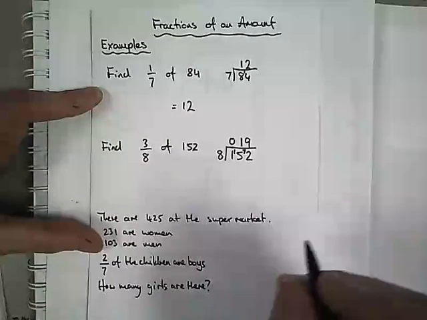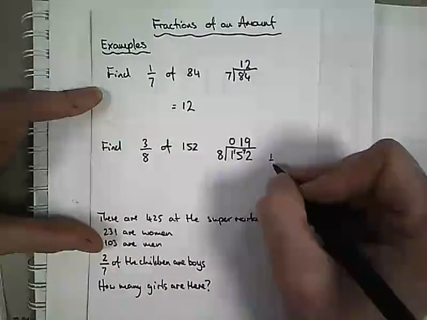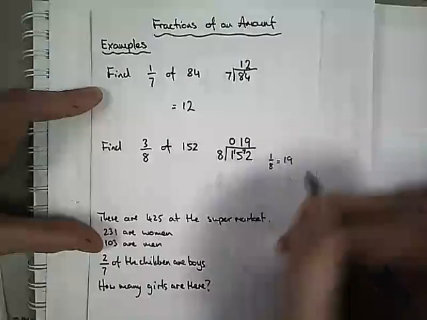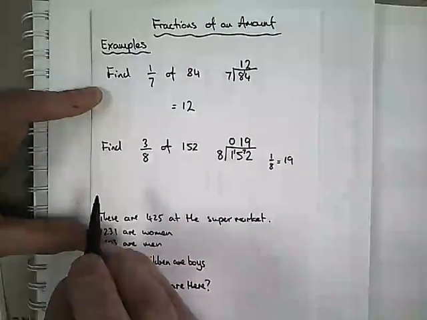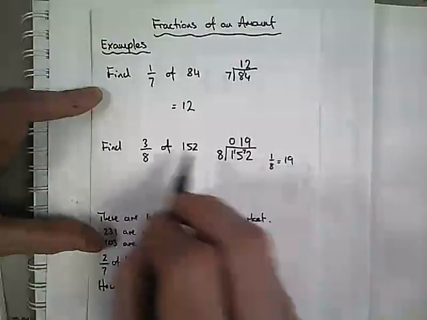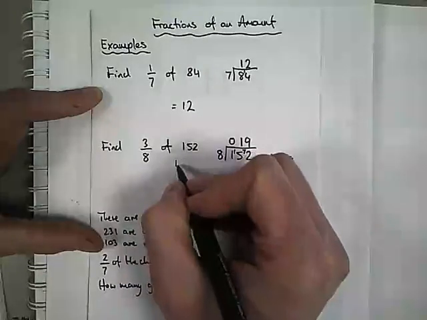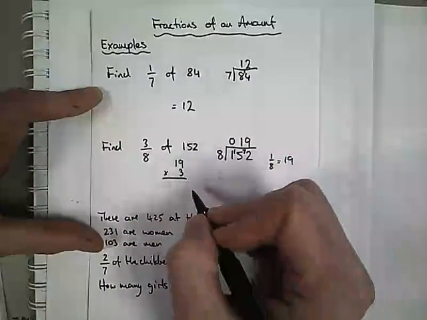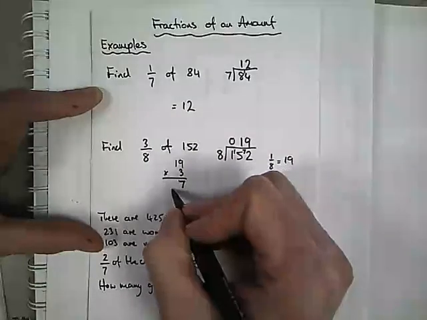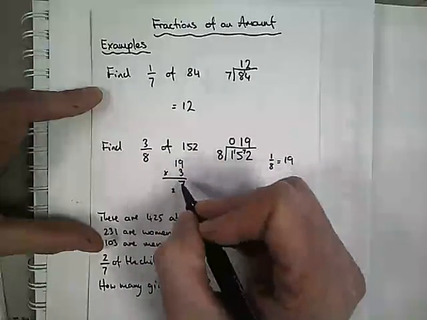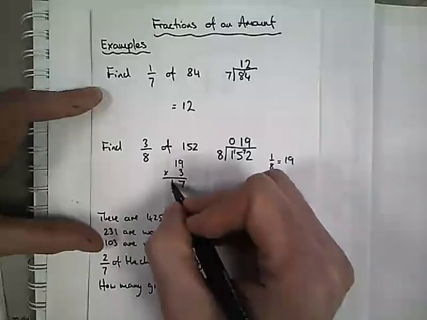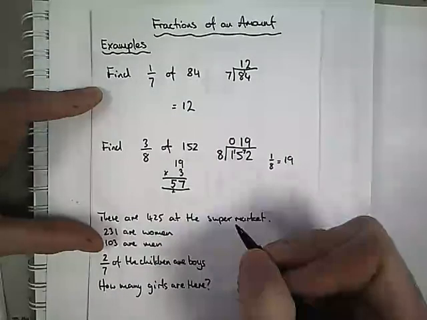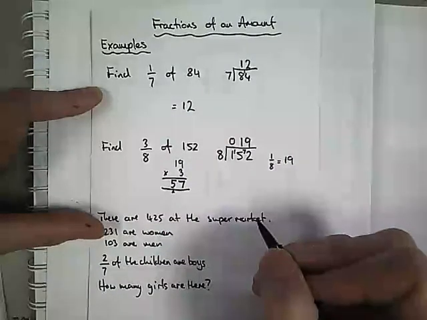So 1/8 equals 19, but I want 3 of them. So I'm going to take my 19 and times it by 3. 3 times 9 is 27, carry the 2 over. 3 times 1 is 3, plus the 2, 57. If you're not happy doing it that way, do it grid method.